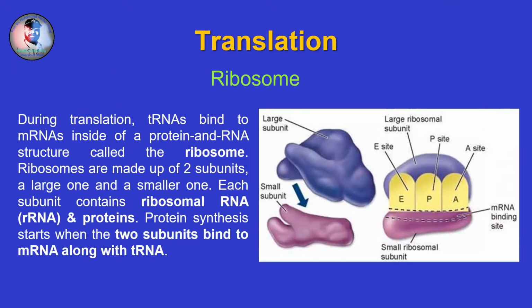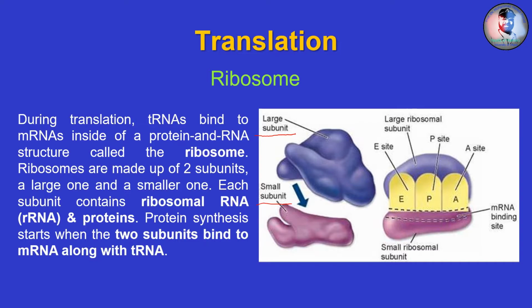Ribosome. During translation, tRNAs bind to messenger RNAs inside of a protein and RNA structure called the ribosome. Ribosomes are made up of two subunits, a large one and a smaller one.